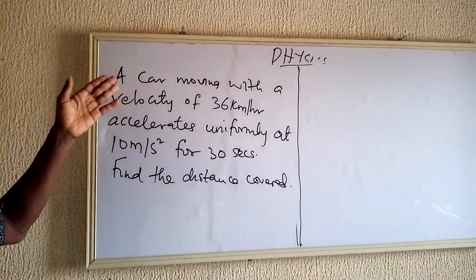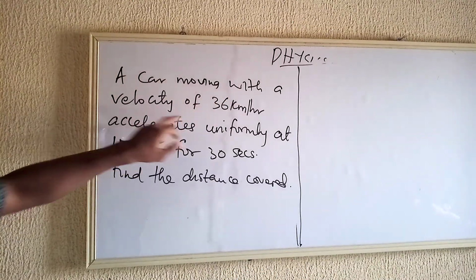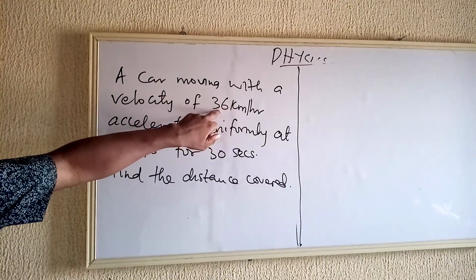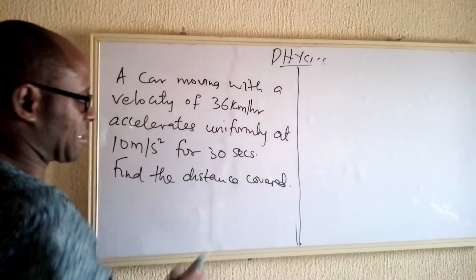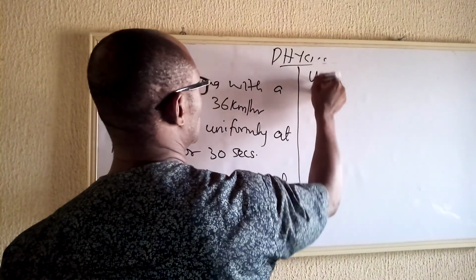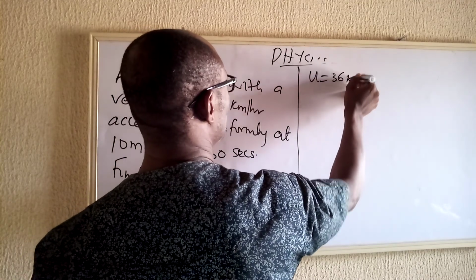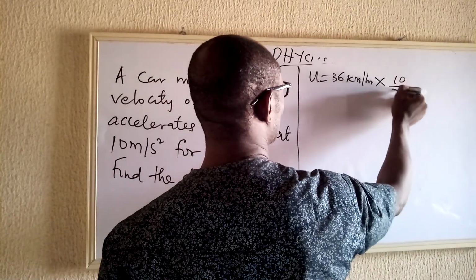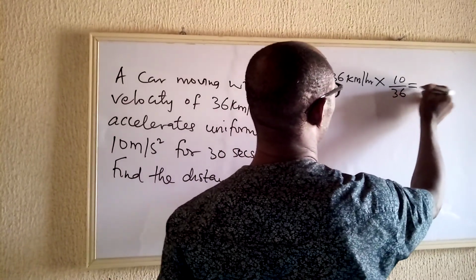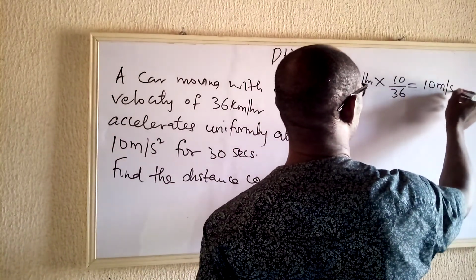In this question, we have a car moving with a velocity of 36 km per hour. This is the initial velocity, the starting velocity. So U is 36 km per hour. Multiply by what? 10 over 36 to convert to meter per second. That will be 10 meter per second.